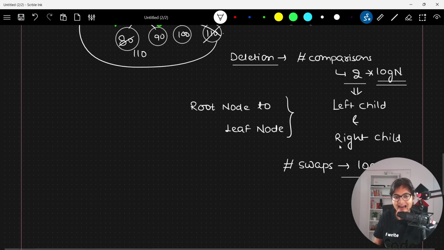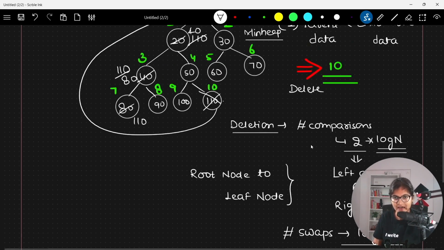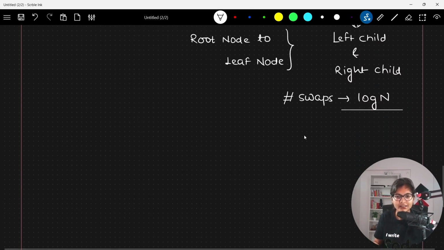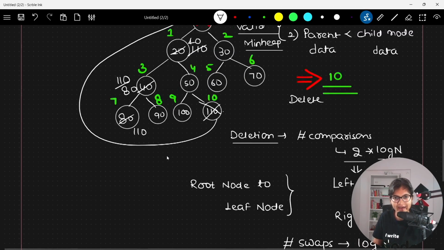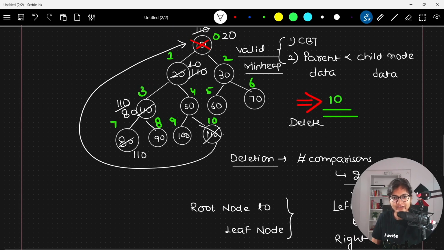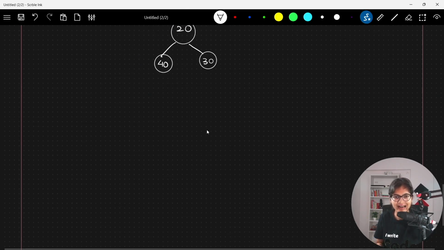So after doing the deletion, you will get 10 as the output. And how will your tree look now? After the deletion, it will look like 20 followed by 40 on the left side, 30 on the right side. After that, we will have 80 and 50.